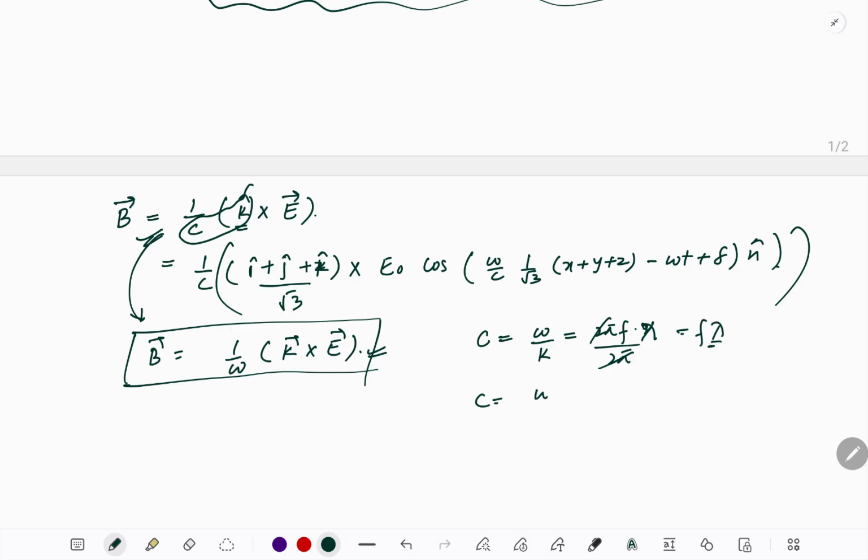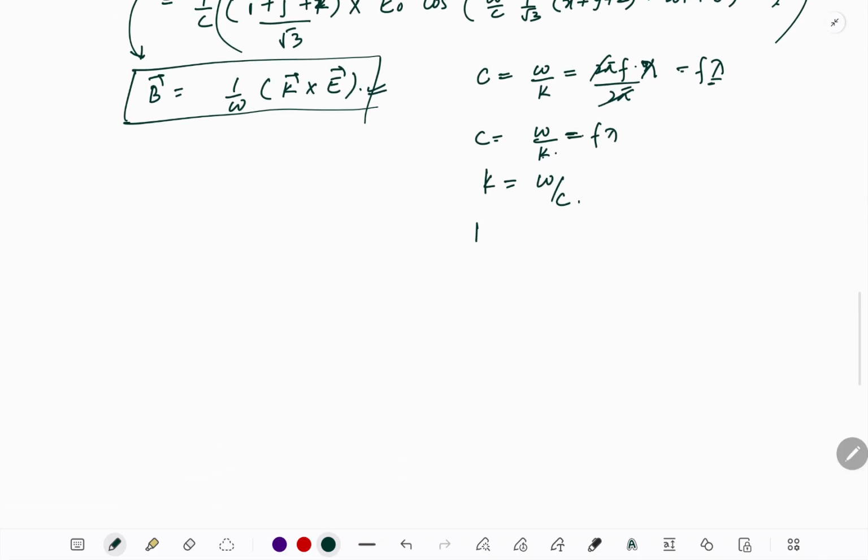So c is omega by k, equals frequency into wavelength. Since we can write k magnitude as omega by c, and we know k vector is the magnitude of k into the k cap, let's substitute: k vector is omega by c times k cap.